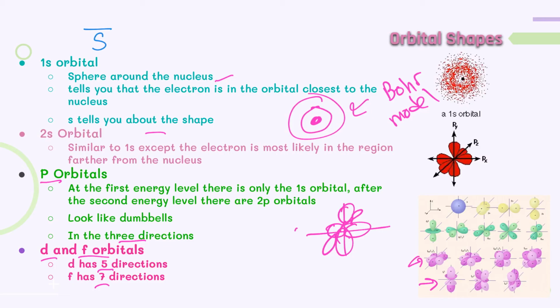The s orbitals can hold 2 electrons. The p orbitals can hold at most 6 electrons. The d orbitals, because they have 5 directions, can hold at most 10 electrons.